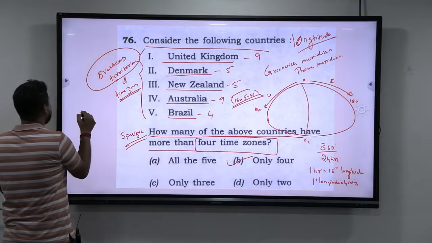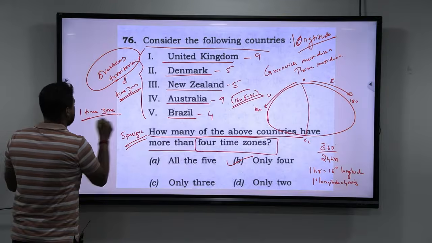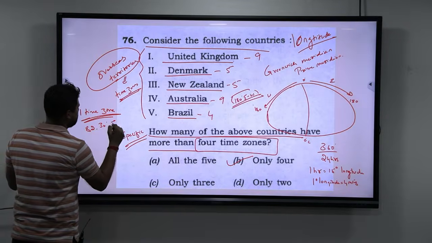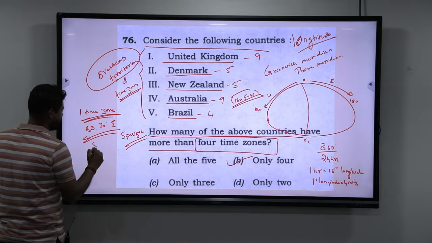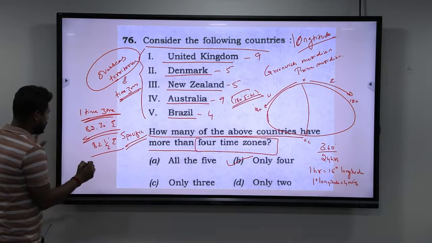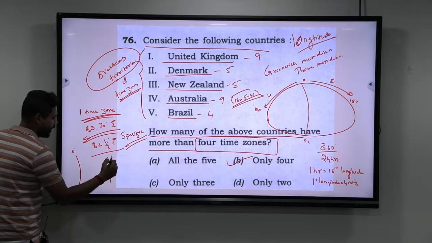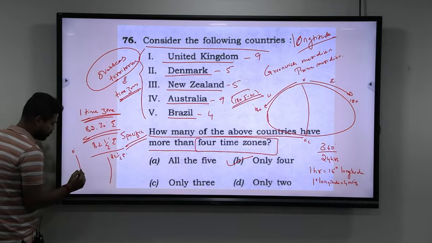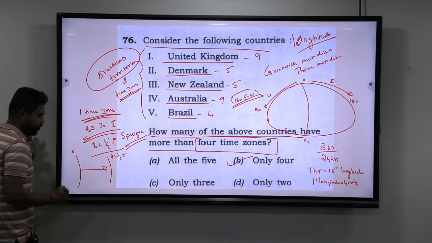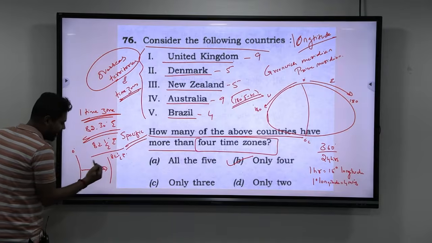The next is, if you take India, we have one time zone, and that is around 82.5 degrees east longitude. If you take from the prime meridian, from 0 degrees, we are 82.5 degrees east of it, so we will always be ahead of time.